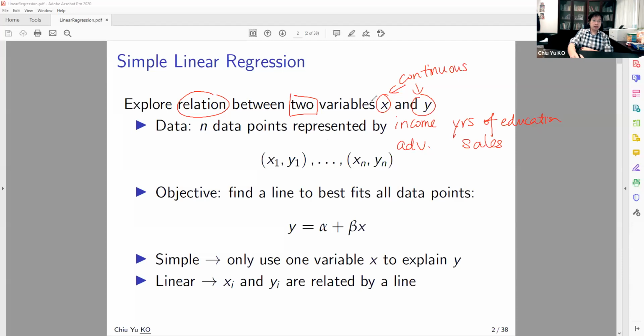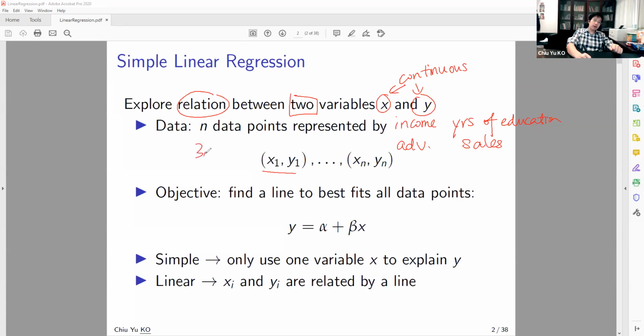So here you can see we are studying the relationship between two variables. Can you see the slides? I forgot to ask. Yeah, so you can see a single observation here is in pairs because we're going to study in pairs.